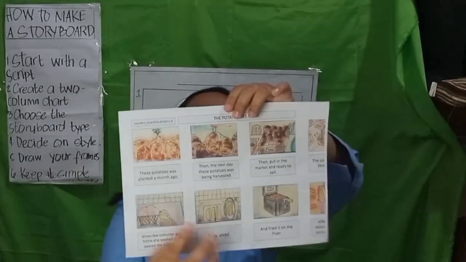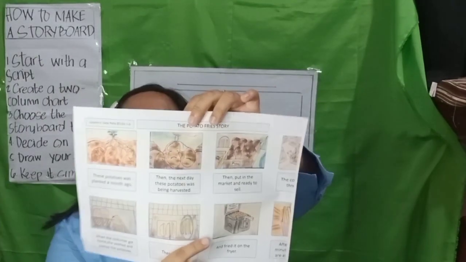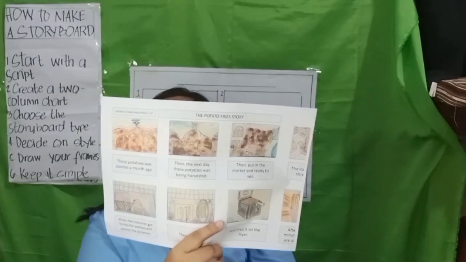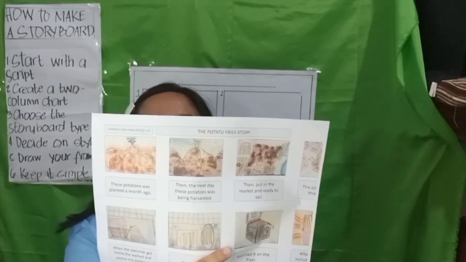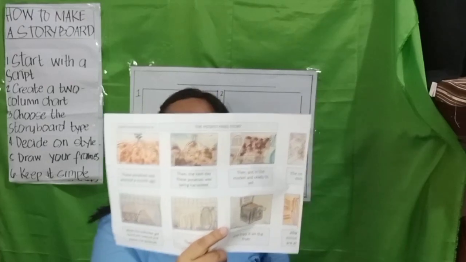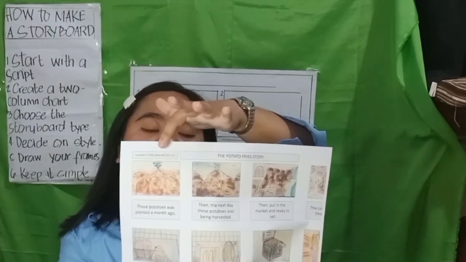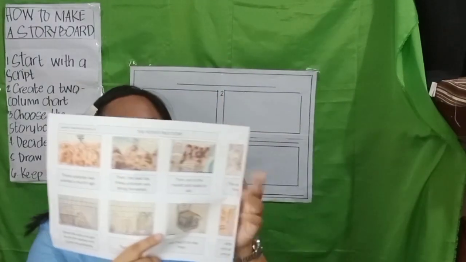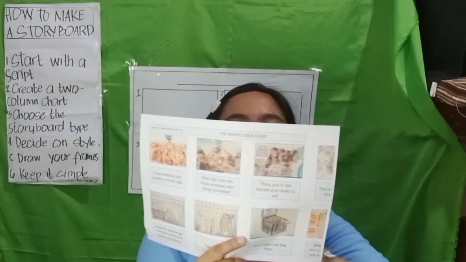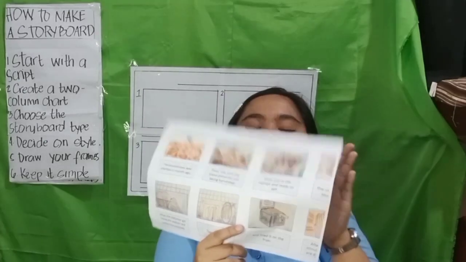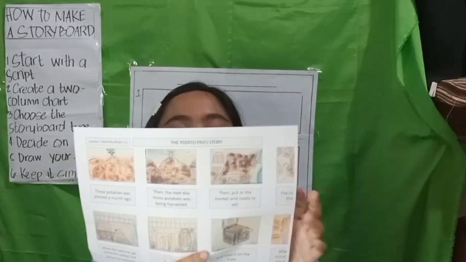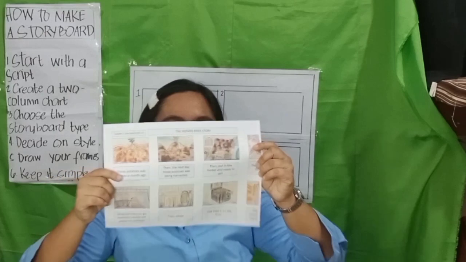On the second frame, the next day, the potatoes were being harvested. That's the reason why the potatoes look so sad, unlike in the first frame. Then on the third frame, they are put in the market and ready to be sold, so they are being displayed in the market.